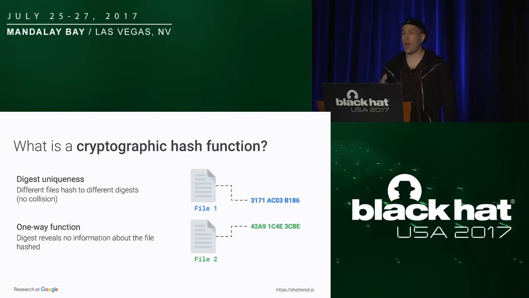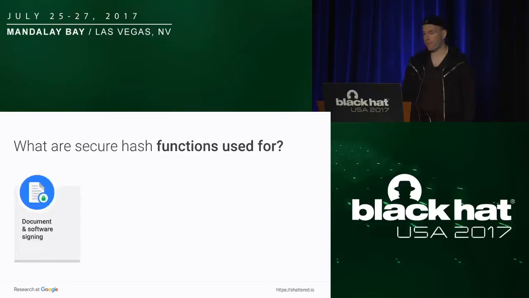The first one is hash uniqueness, which means if you were to hash two files, even if they have 1 bit of difference, the hash will be drastically different. The second one is one-way function, meaning that from the hash, you do not learn anything about the file that has been hashed. That's very useful if you're sharing a sample or so forth. So that's the basic cryptographic property of a hash function.